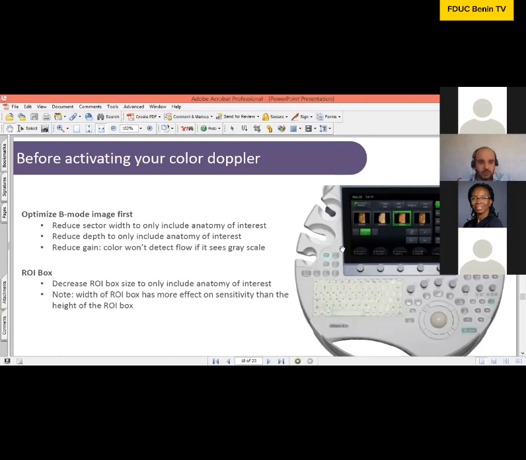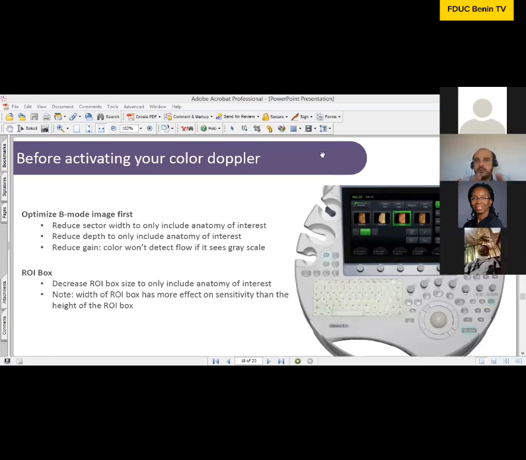So the first one was to optimize the B mode. And the second one is to activate your color Doppler and decrease the region of interest box size to include only the anatomy of interest. If you are on the brain and you want to see the Willis polygon, for example, you have to reduce this box to include only that.